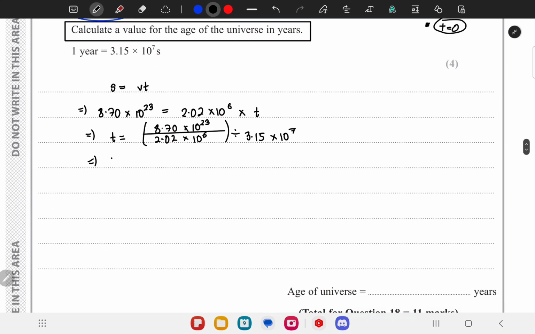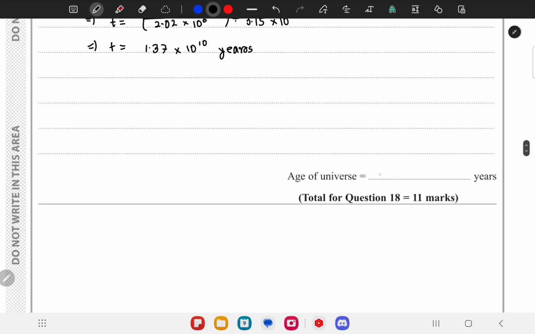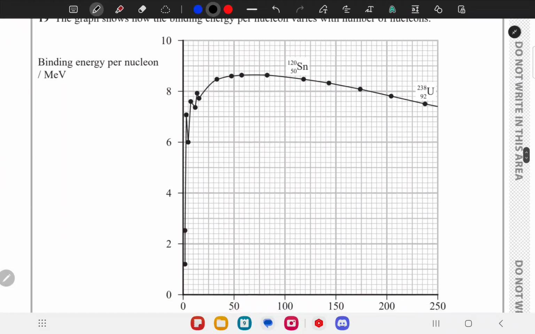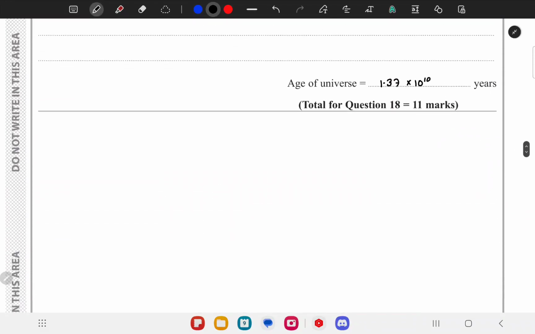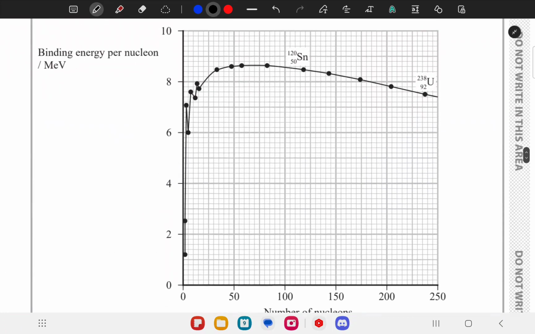The value of t we get is 1.37 × 10^10 years. So basically 13.7 billion years.